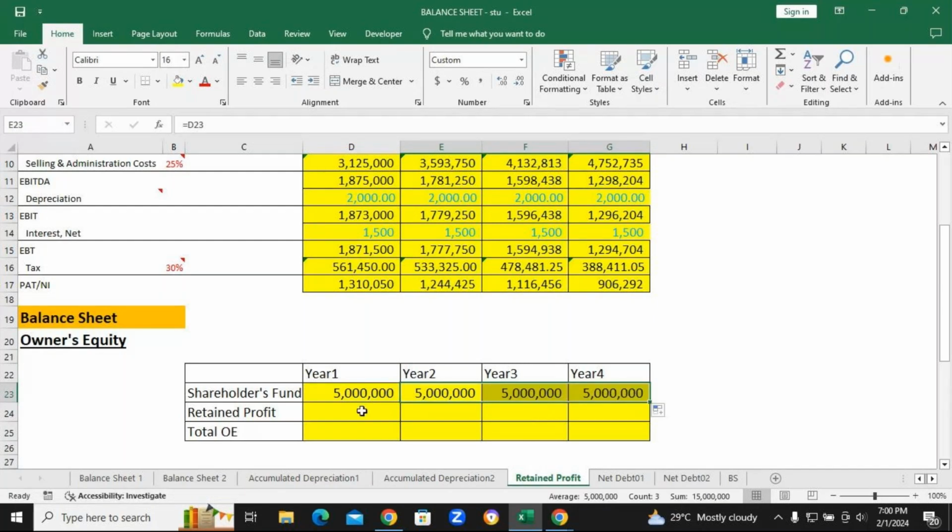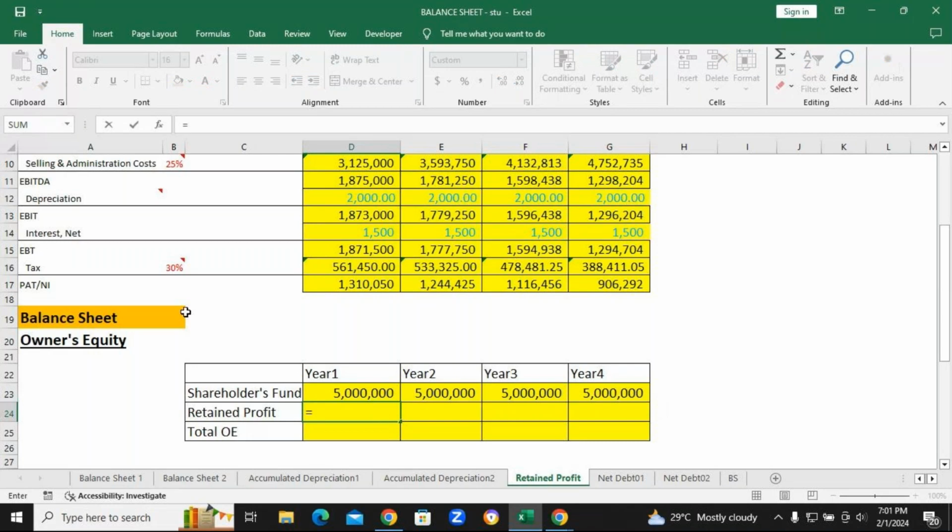Then retained profit. Retained profit is profit after tax, that is my net income. When we are talking about the retained profit, it should be added with the previous year. At the beginning of the first year there is nothing, so the first year's PAT, that is net income, I'll take along with 0. Next year I'll write equals D24 plus the previous year retained profit plus the profit after tax.